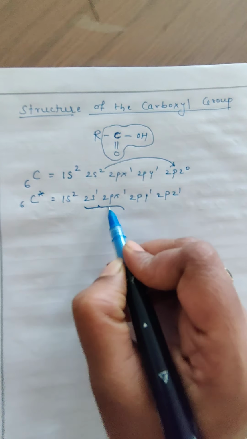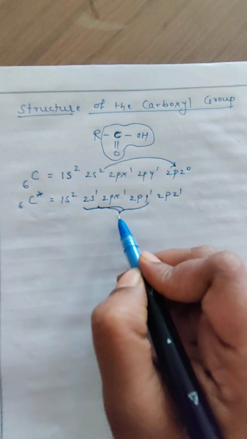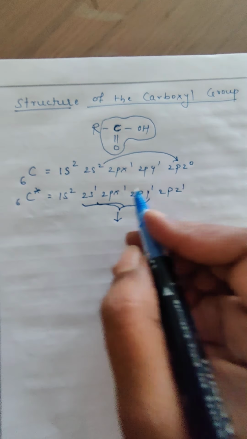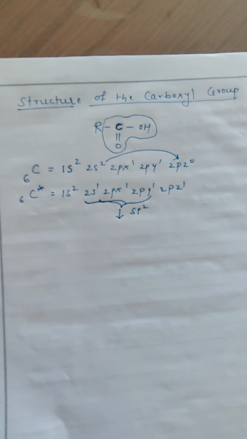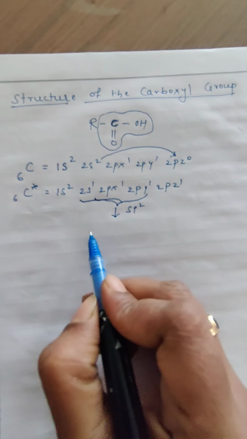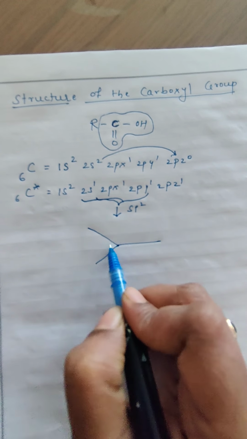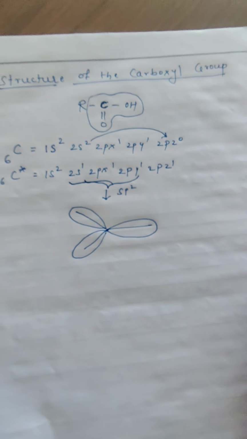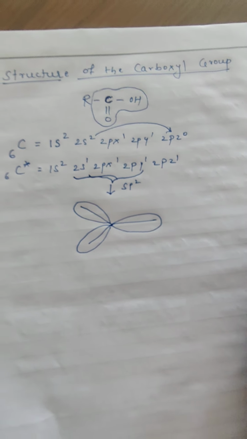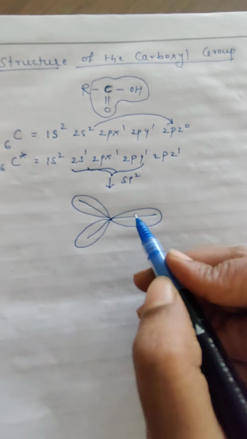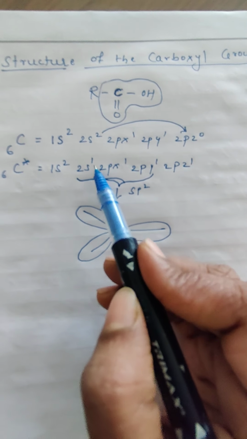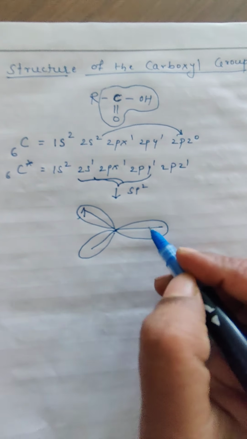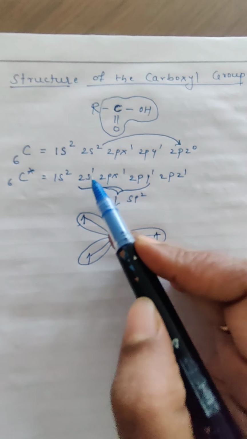Now at the excited state, the 2s and 2p orbitals undergo hybridization, they mix and recast to form sp2 hybridization, giving three sp2 hybrid orbitals. These three sp2 hybrid orbitals have a trigonal structure, and each lobe or hybrid orbital contains one electron. 1, 2, 3.